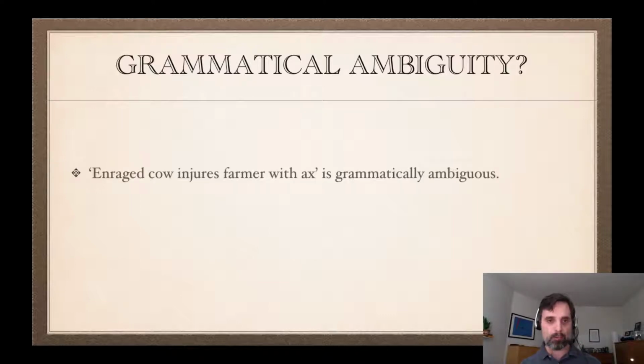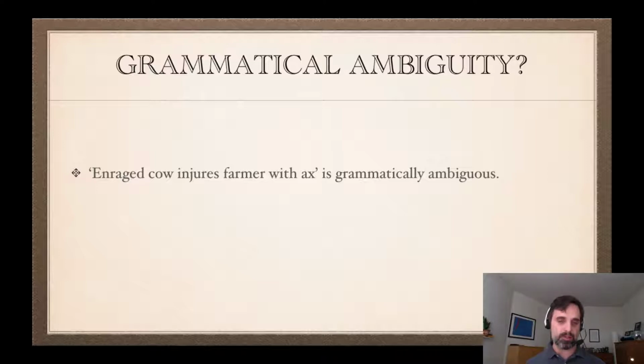So another example of this is this sentence, apparently from the news: "Enraged cow injures farmer with axe." So again, grammatically ambiguous. There's this "with axe." Does it attach to "injures," or does it attach to "farmer"? So is it the farmer that has an axe that was injured, or is it that using an axe, the enraged cow injured the farmer?